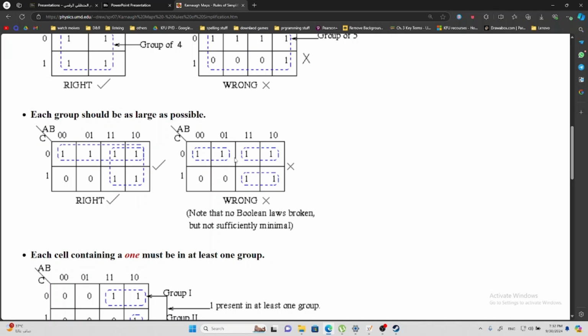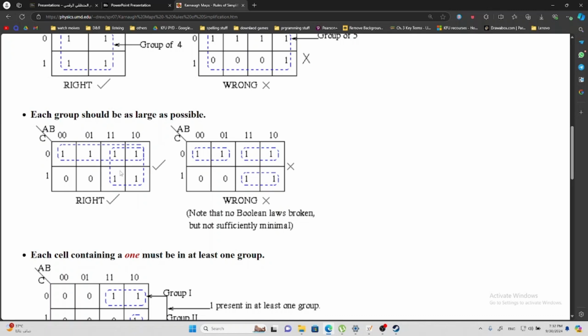So here, the worst you could do is just group 1 and 1 and 1 and 1. It means that in each cell, you will have 3 variables, and you will have how many terms? You will have 1 term, 2 terms, 3, 4, 5, 6, 7 terms. But if you group 2, you will have 2 variables and 3 terms. However, if you group 4, you will have 1 variable.